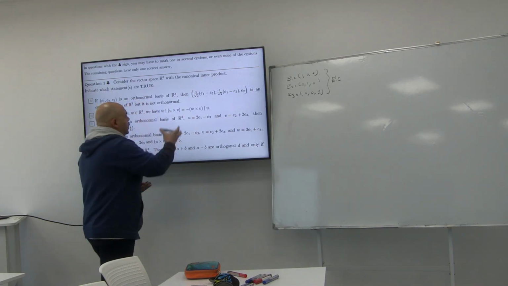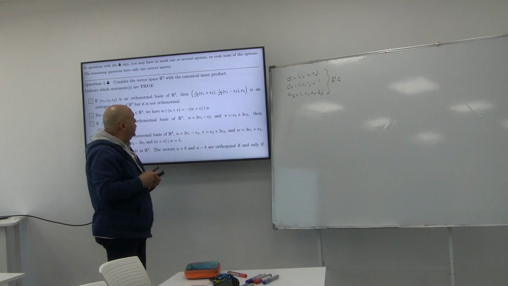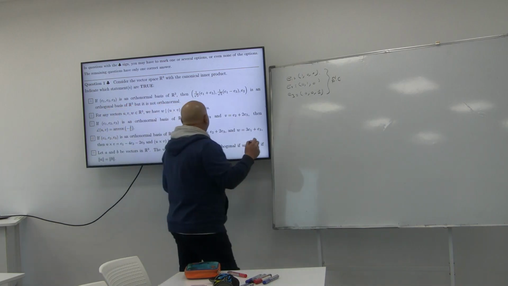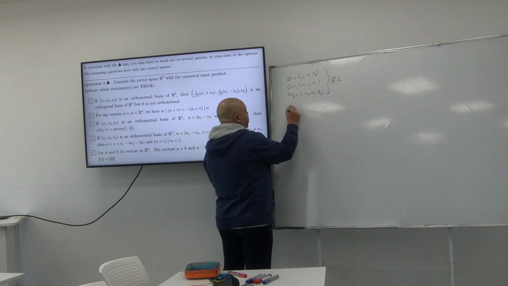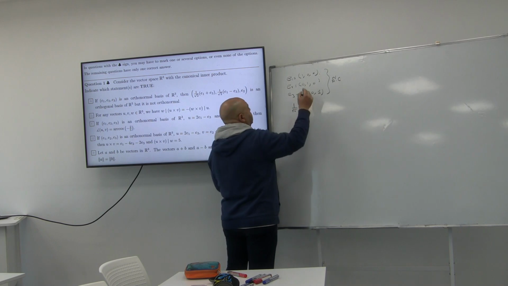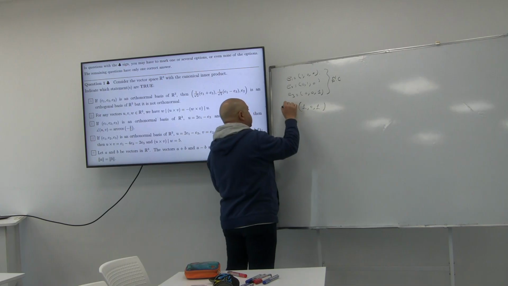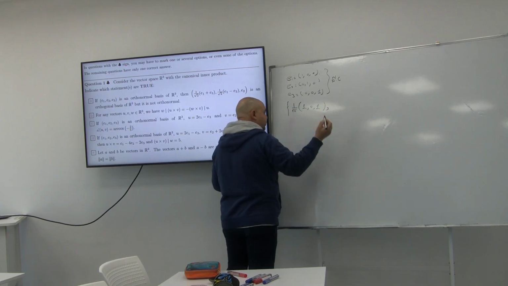I want to check this set of vectors, which starts with 1 over root 2 of E1 plus E3. So E1 plus E3 will give 1, 0, 1. This is for the first of the vectors.